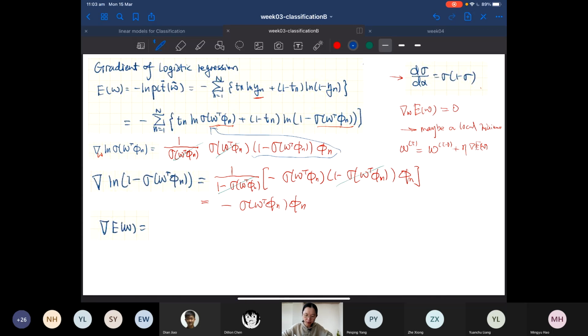And we just keep copying the summation part, Tn times 1 minus sigma W transpose phi n times phi n, plus 1 minus Tn.